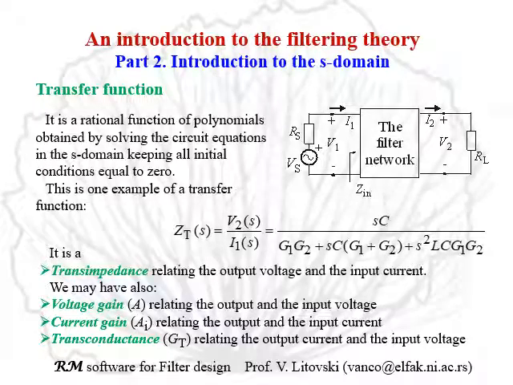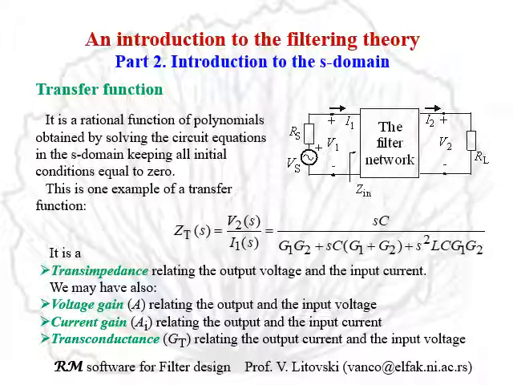Now we will say several words about the transfer function. It is a rational function of polynomials obtained by solving the circuit equation in the S domain, keeping all initial conditions equal to 0.